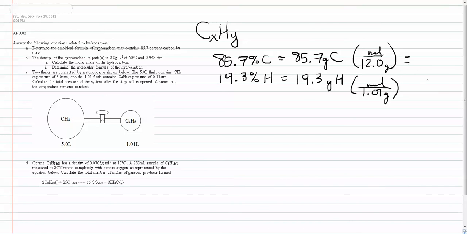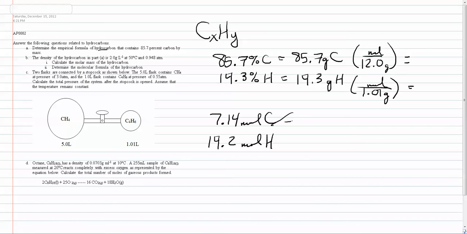I'm going to skip right down to here, that's going to give us 7.14 moles of carbon and 14.2 moles of H. Now, to find empirical formula, you got to find the mole-to-mole ratios here.